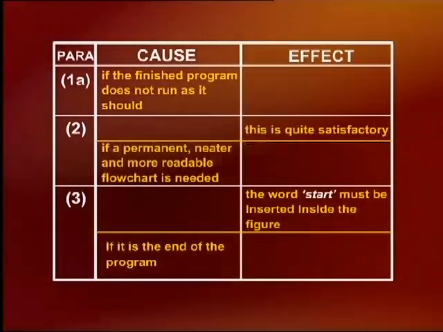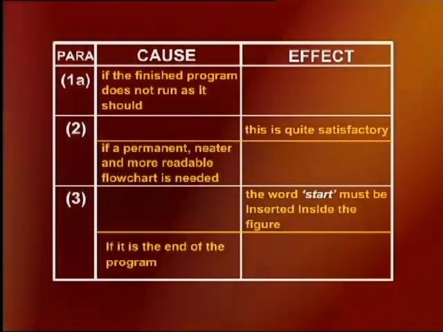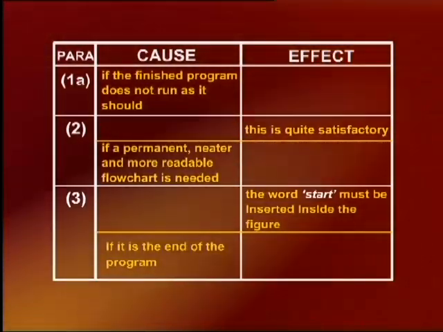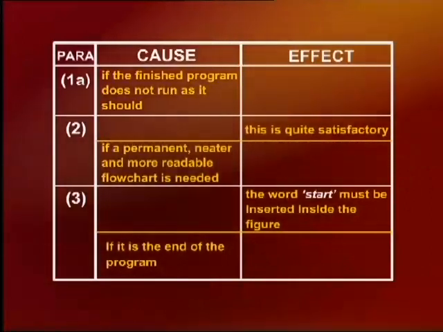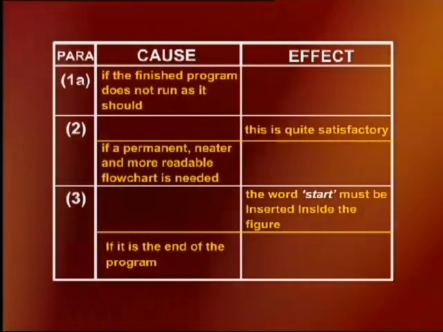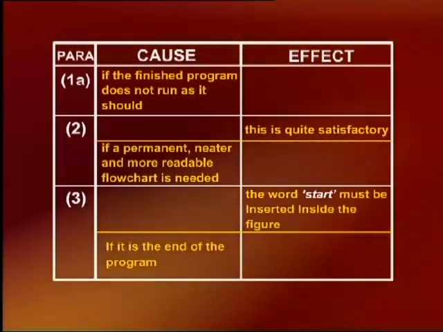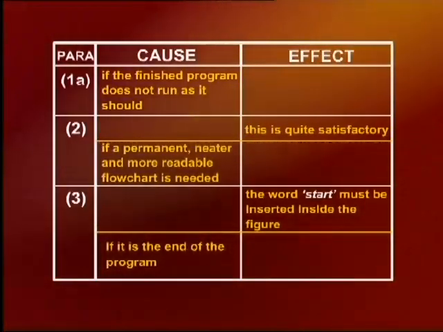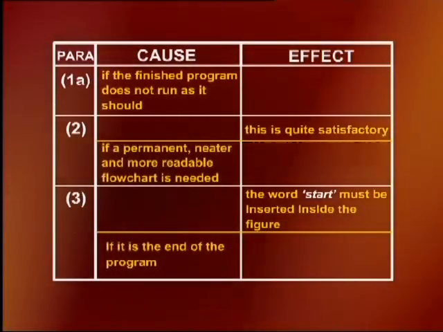One part is the cause and the other is the effect. In this table you will find that in some places the effect is given and you have to look for the cause. In others the cause is given and you have to look for the effect. And if you remember the words for cause, the markers are "if" and "because". So if you remember those, it will be easier for you to locate the information.